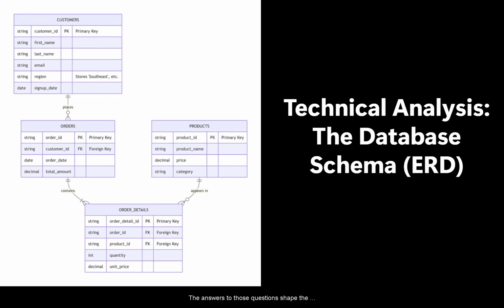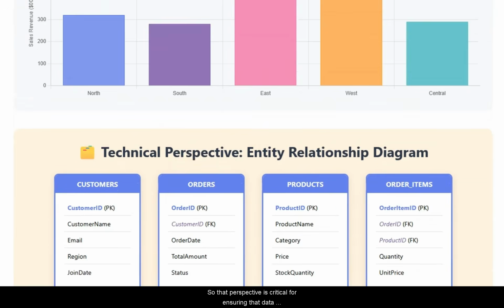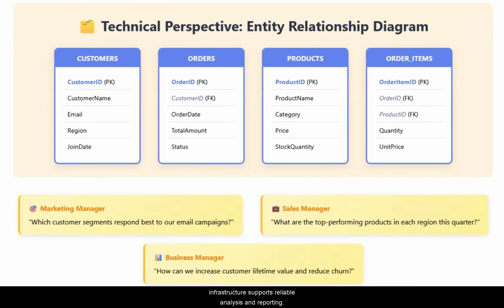The answers to those questions shape the architecture of a database through tools like entity relationship diagrams, normalization techniques, and structured query language schemas. So that perspective is critical for ensuring that data infrastructure supports reliable analysis and reporting.